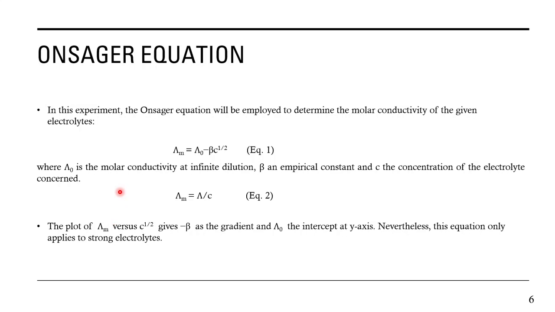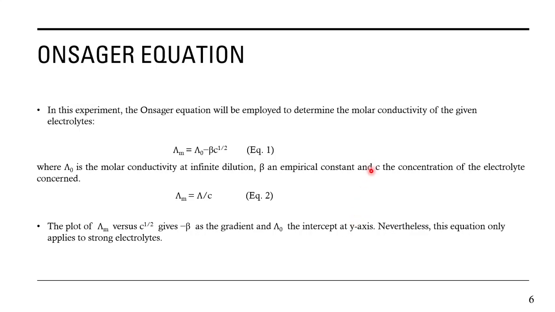When you construct the molar conductivity versus the square root of the concentration, if you rearrange this equation, you know that this is a straight line, with negative beta as the gradient, and the intercept at the y-axis is the molar conductivity at infinite dilution. So straight away you can get this value from your plot.